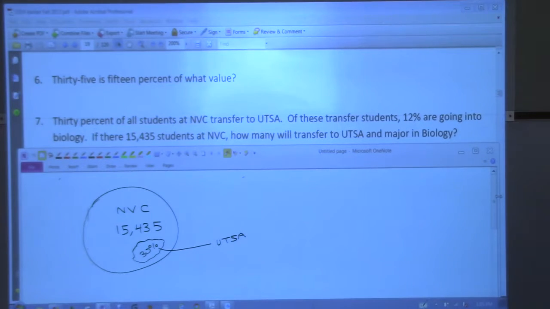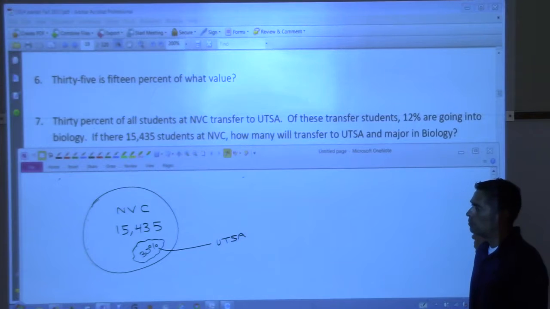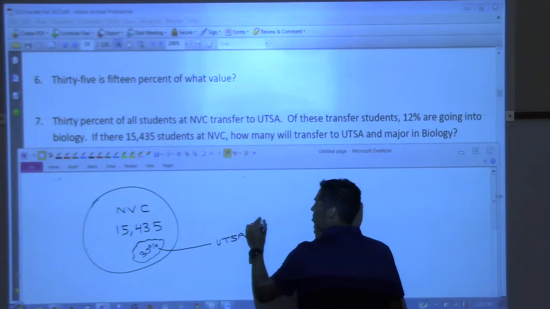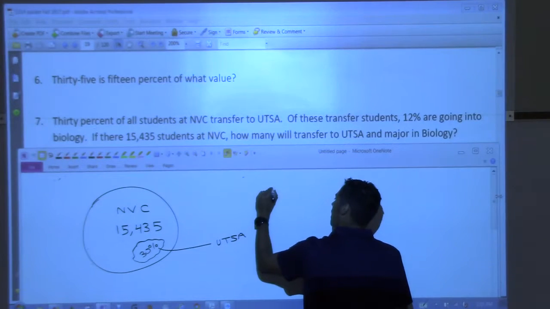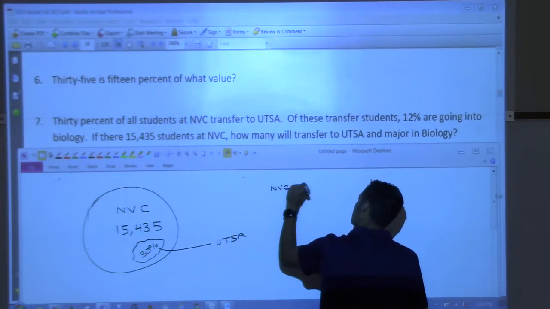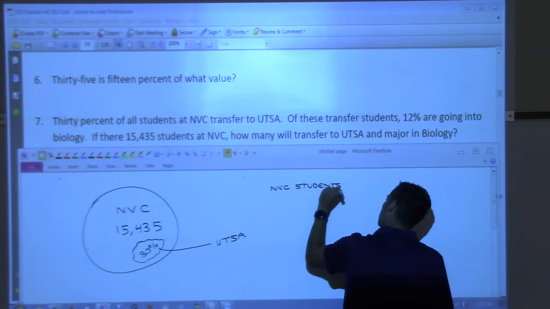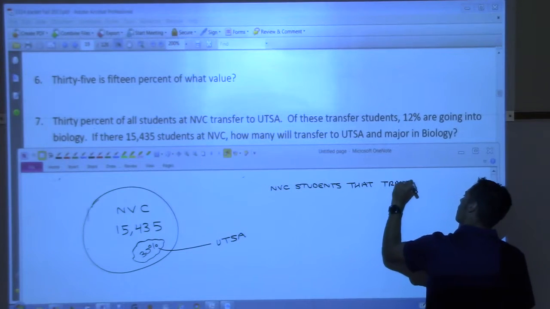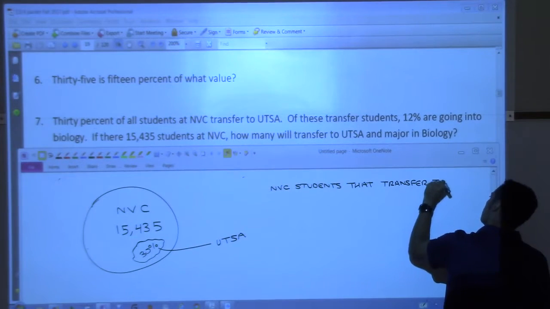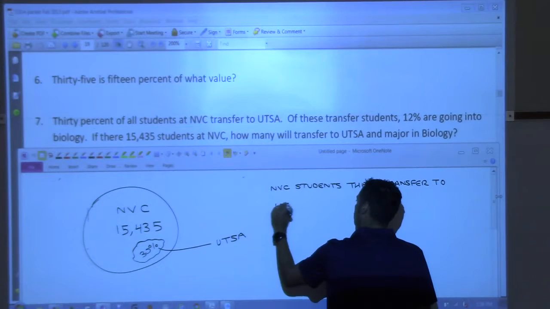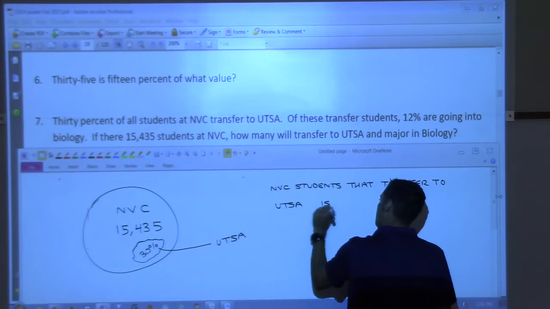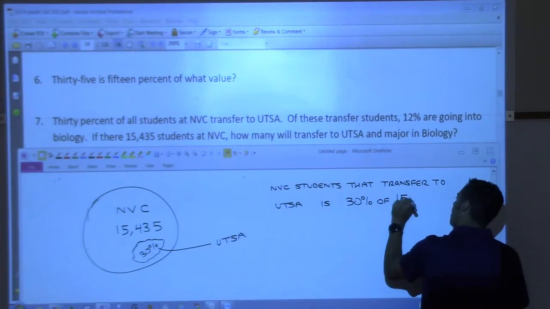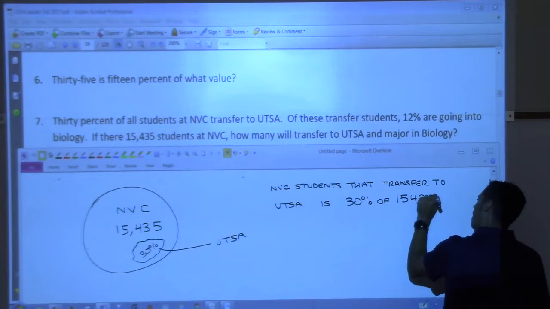What did you do there? I just multiplied that big number by 0.3. So what we're asking ourselves here is these NVC students that transfer to UTSA is 30% of 15,435.